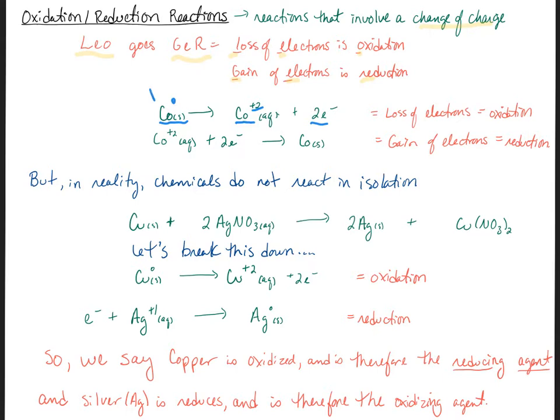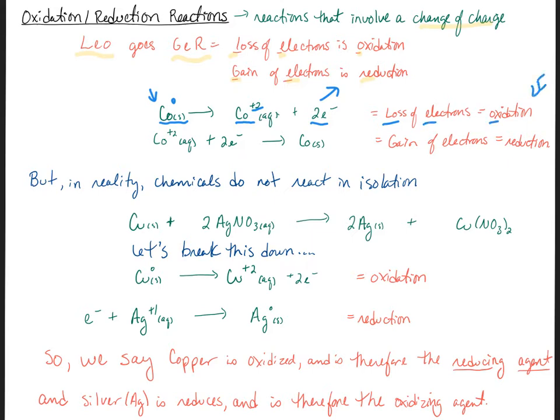So over here, he's holding on to those 2 electrons, and over here, he lets them go. So that cobalt lost 2 electrons. And so the loss of electrons is oxidation.